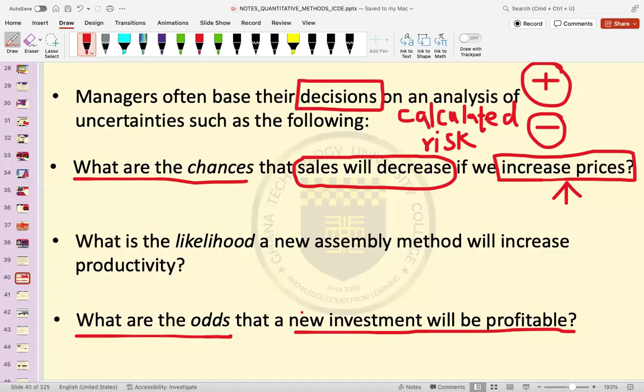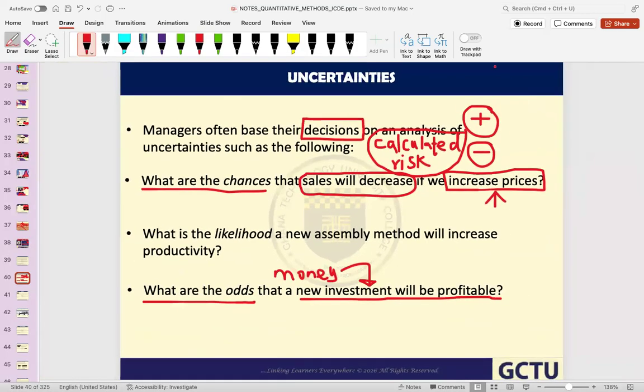Are you going to take all the organization's money, not your personal money, but the organization's money, and dump it in an investment you are not sure about? Because you don't know the future, you have to always take some calculated risk so that when the shock comes, you will be able to absorb the shock.